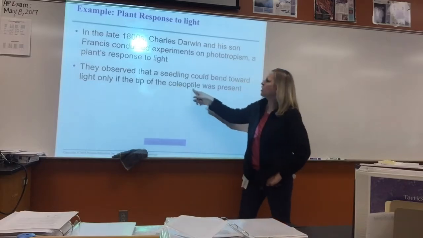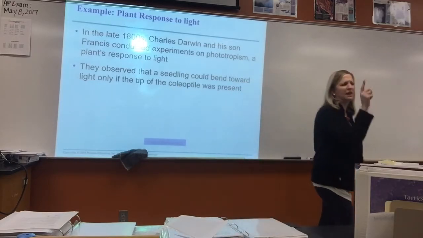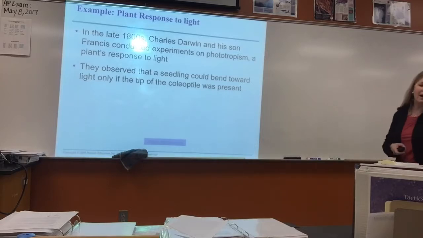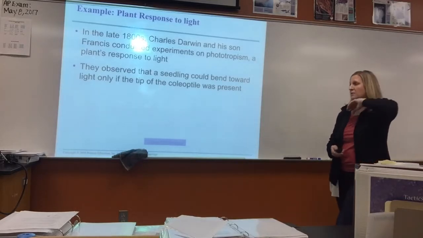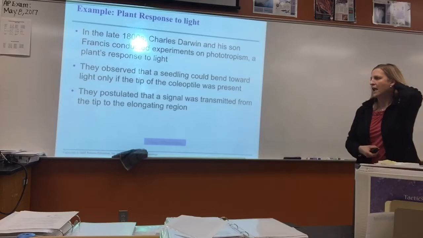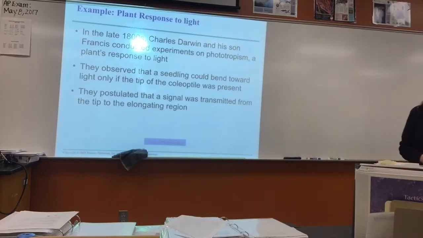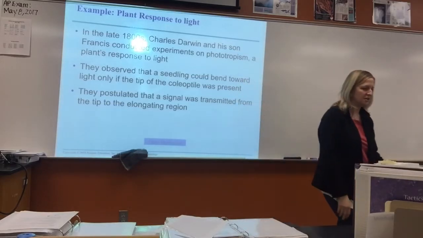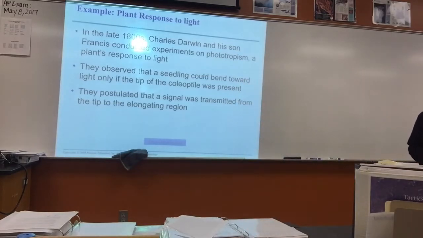The tip of the coleoptile is just a fancy name for the young plant. They found that it only bent if the tip of the plant was present. And they hypothesized that a signal was transmitted from the tip to the elongating region. That'll make sense as we look at this next picture.